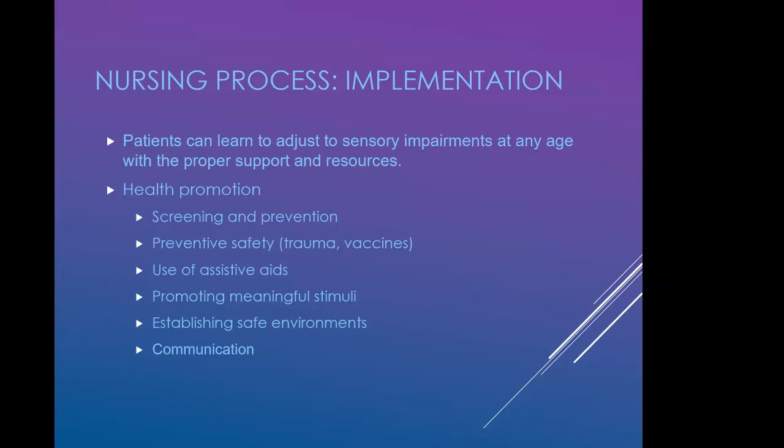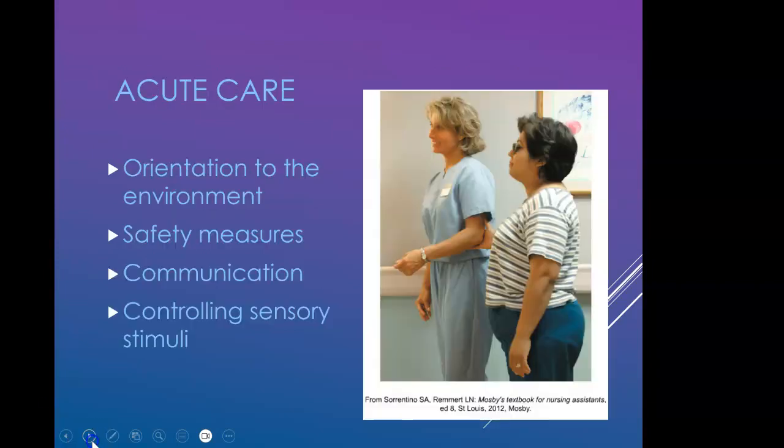You communicate with the family, you communicate with the friends, and make sure that everybody knows everything that they're doing. So: acute care, orientation to the environment, safety measures, communication, and controlling sensory stimuli.